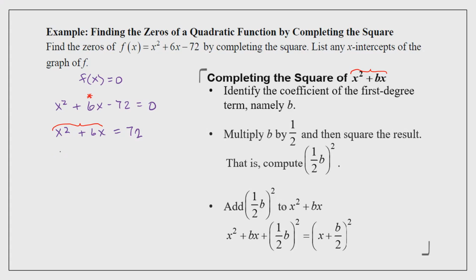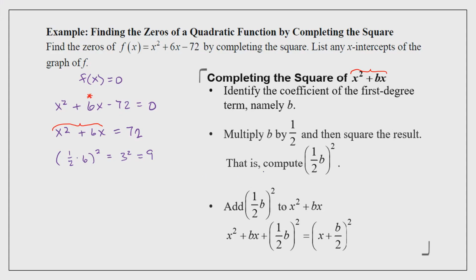So we take 1/2 times b, which is 6, and square it. 1/2 of 6 is 3, squared equals 9.